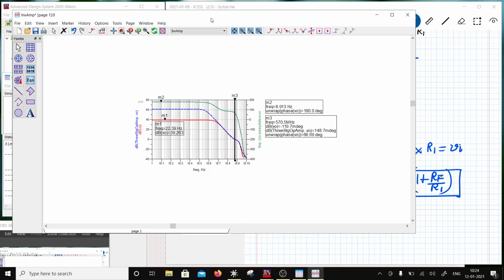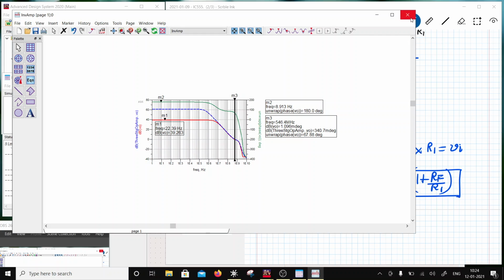Okay, so it does become negative 1 milli. Okay, so now this is a unity gain bandwidth of 446 megahertz, and the margin is 67 or 68 degrees. Okay, so that's the story for an inverting amplifier.